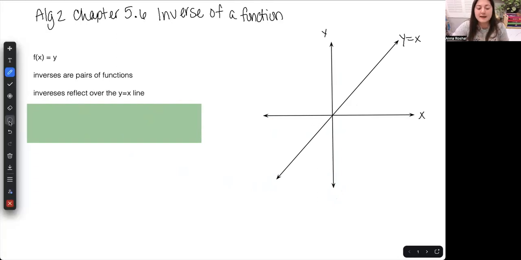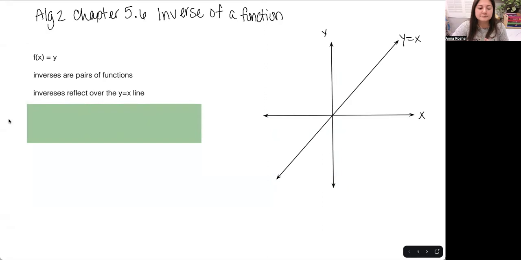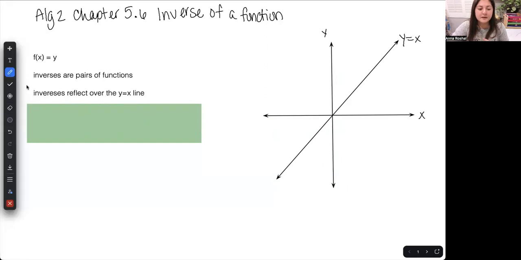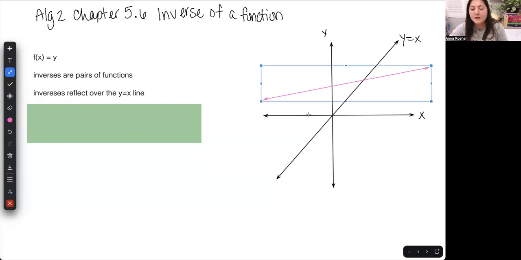And so let's say I have a function, let's say my function looks like this. I know that my graph that is going to be the opposite of this function is going to reflect in this manner.